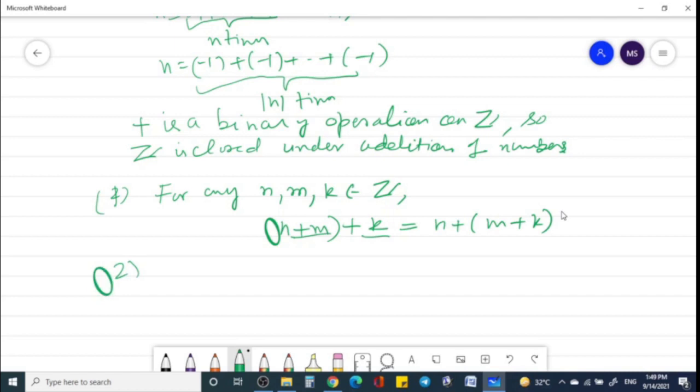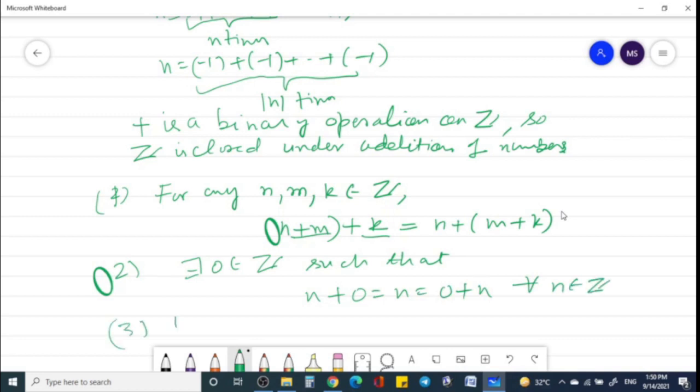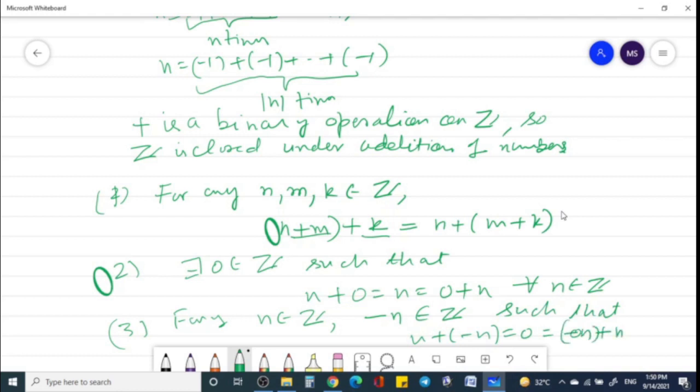Second, there exists 0 in integers such that n plus 0 is n equal to 0 plus n for all integers n. And third, for any integer, positive or negative, there exists minus n, also an integer, such that n plus minus n is 0 and minus n plus n is 0.